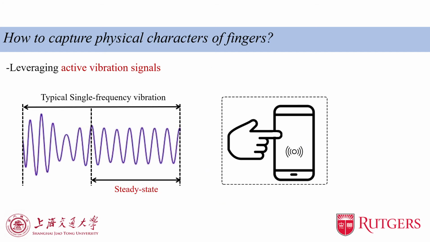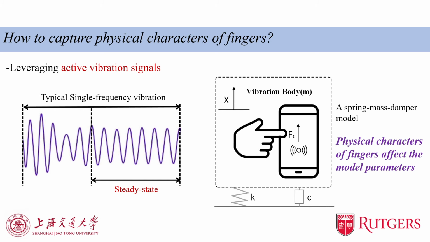And then for the steady state, the vibration signal comes to a balance. So in this case, the smartphone and the touching finger should be considered as a whole vibration body. Then the vibration system is a typical spring mass damper model under forced vibrations.